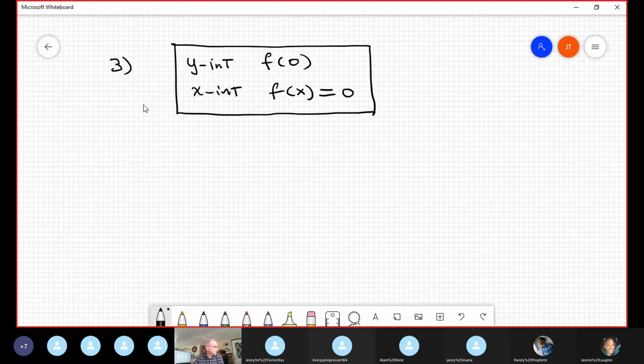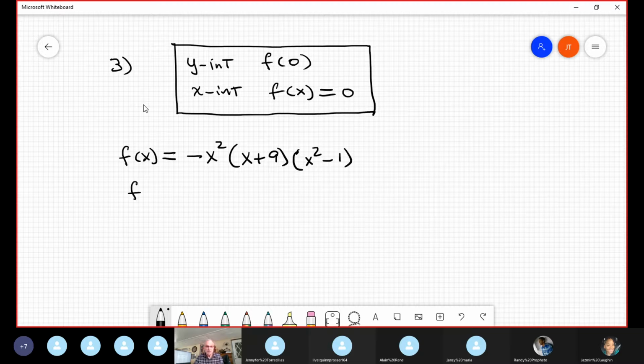Okay, now let's move on to number 3. Number 3 says f of x is equal to minus x squared, parenthesis x plus 9, parenthesis x squared minus 1.